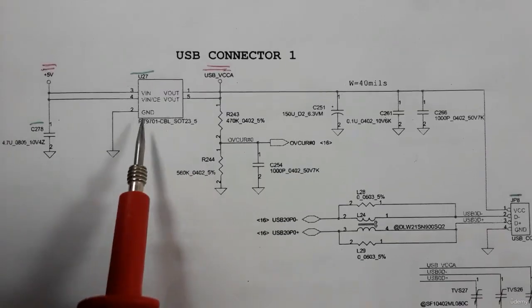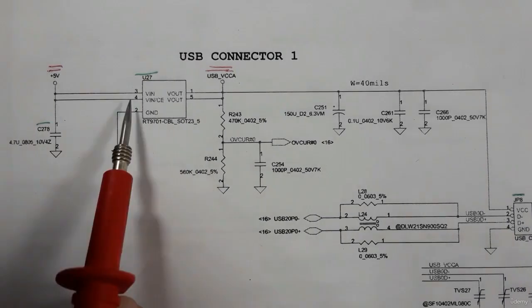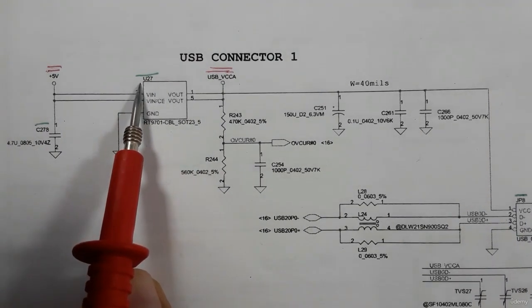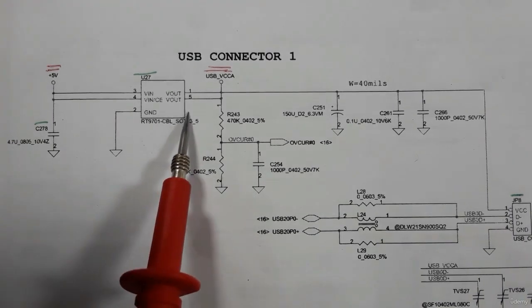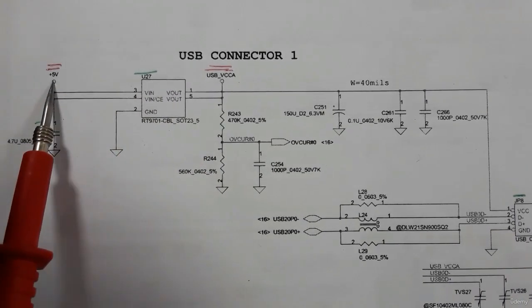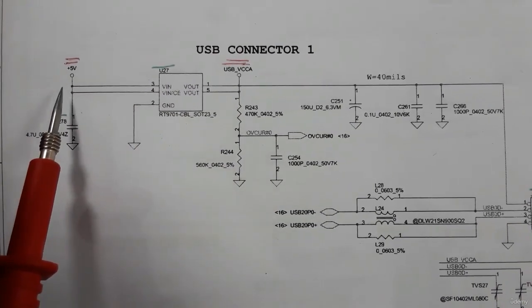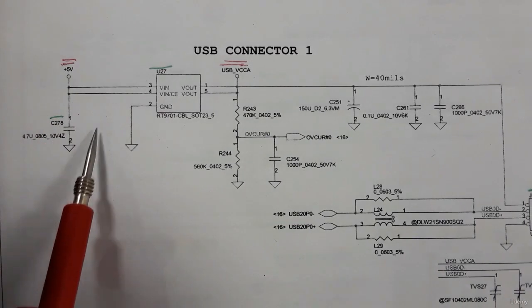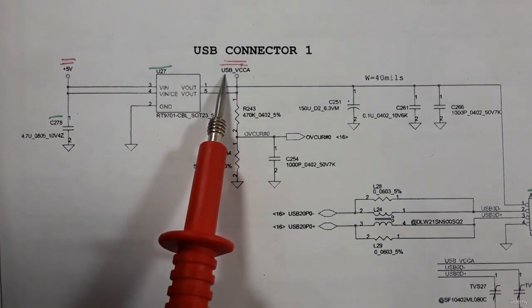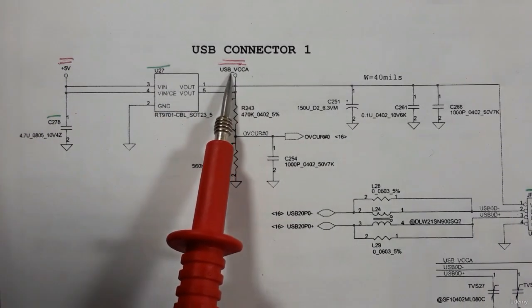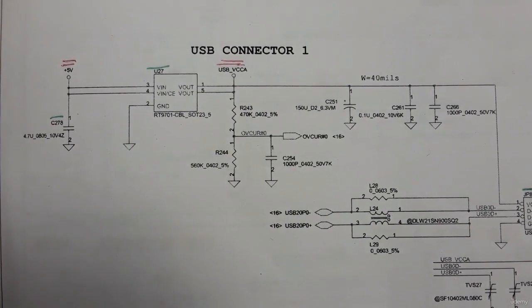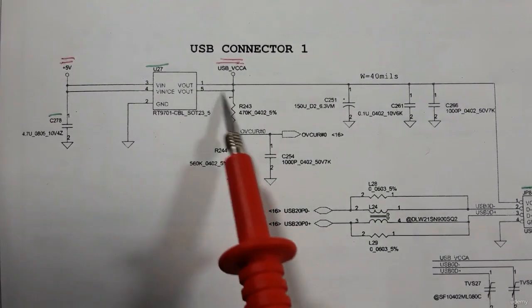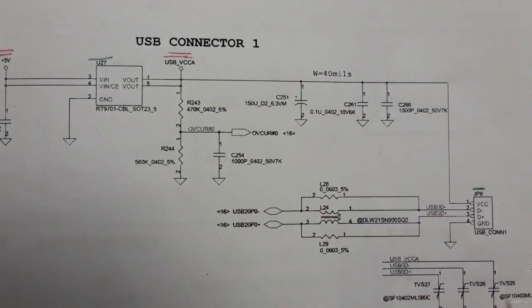That's why they use this IC, as you can see. U is always the reference for the IC. U27 is an IC that converts this voltage plus 5 volt to USB VCC, meaning a voltage that is specific and special to power the USB connector.